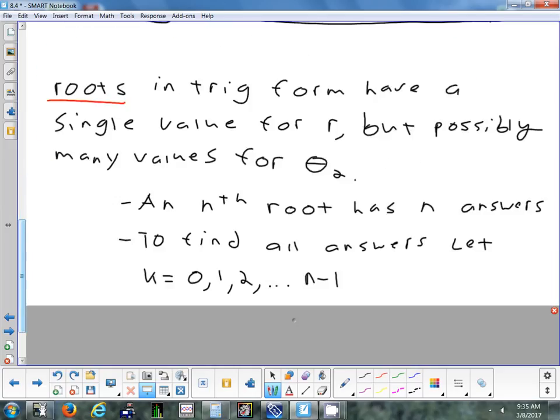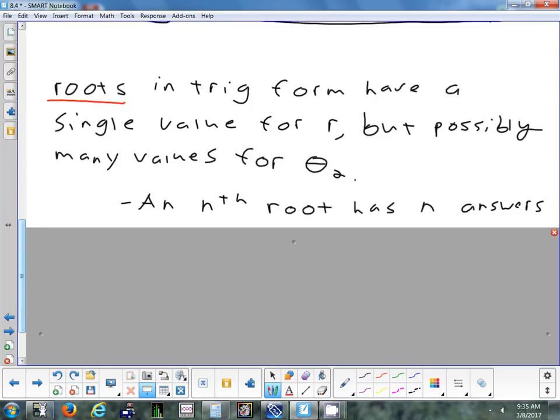So an nth root has n answers. So that means a square root would have how many answers? 2. A cube root would have 3. A fifth root would have 5. Okay, on the test, I don't think I go much above a fourth, probably a fourth root.